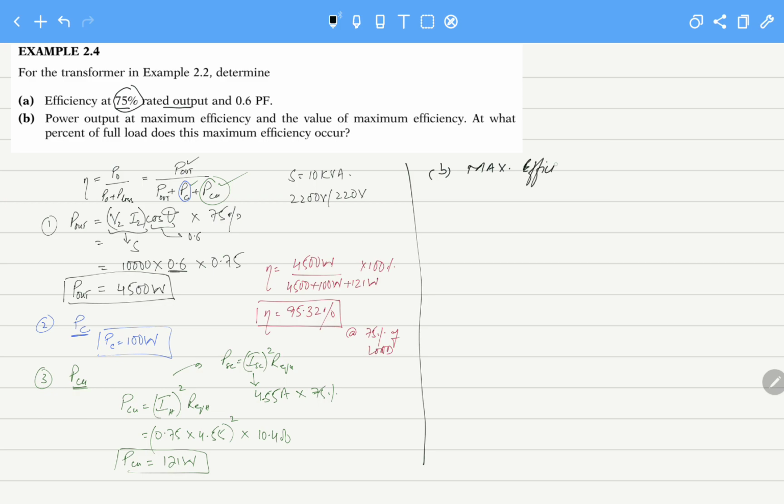Max efficiency means that, for example, we have a transformer and there is an input power and there is an output power. What will be the load that will determine that our transformer is giving us maximum efficiency?